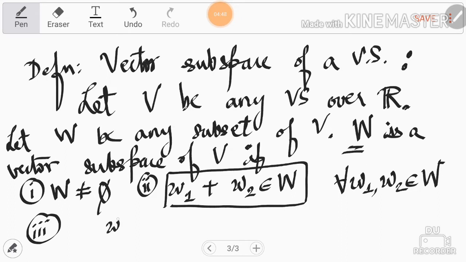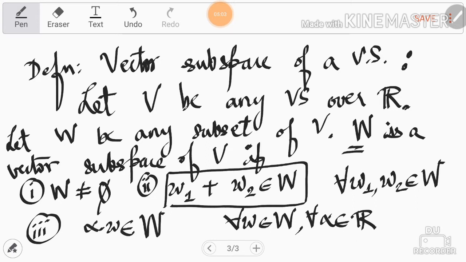It said that whenever you take any vector from W, and any scalar from the set of real numbers, the scalar multiple of this vector will always belong to W. This means that you take any vector from W, you stretch it by any scaling factor, the resulting vector will also belong to the space W. Also, when it comes to the closure property for vector addition, you take any two vectors, the sum of the two vectors will never ever leave the space W.